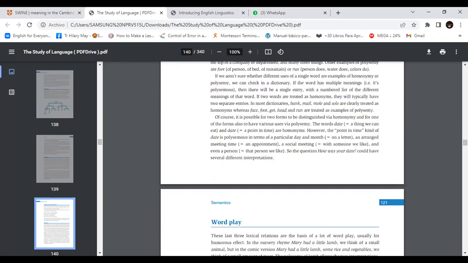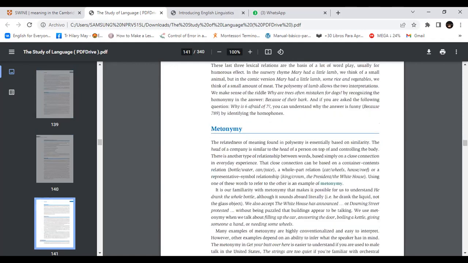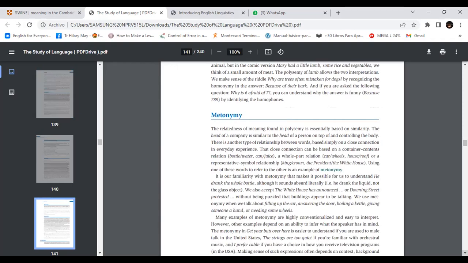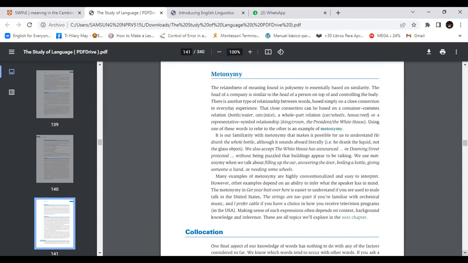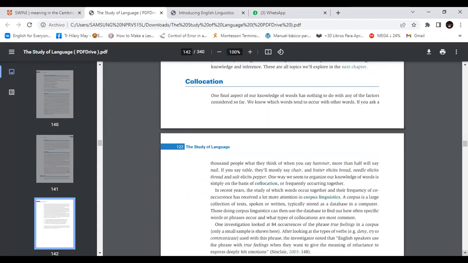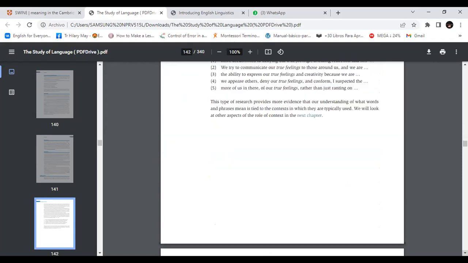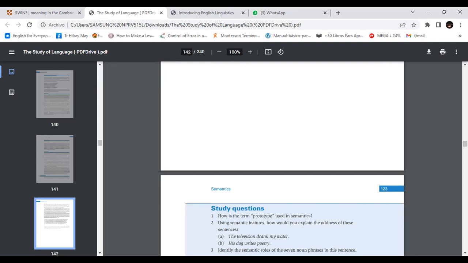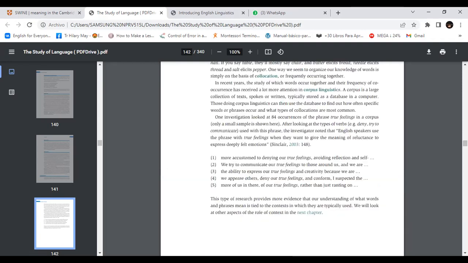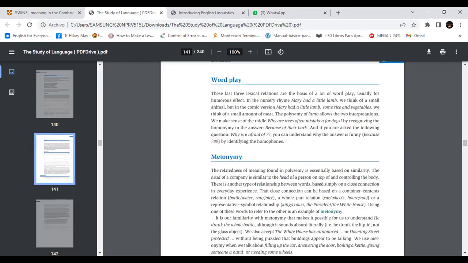Hippo and heifer. I don't know about metonymy, but it doesn't have the hippo and the heifer. Let's see, collocation, I think yes, it is included, but I read it as a subtopic, maybe.